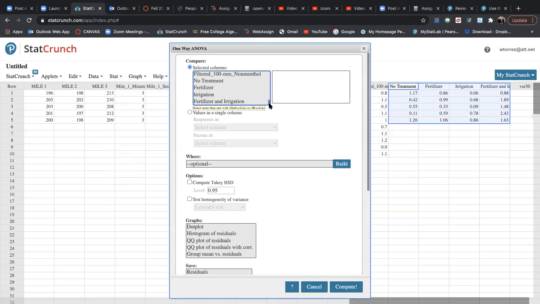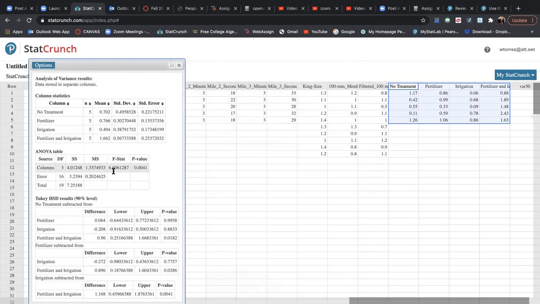Select off the columns down here. And now let's see, our level is, for this problem, 0.10. So let's change this in Tukey. Remember, the text uses this idea. Okay, and we'll compute and get our F-stat and our p-value here.